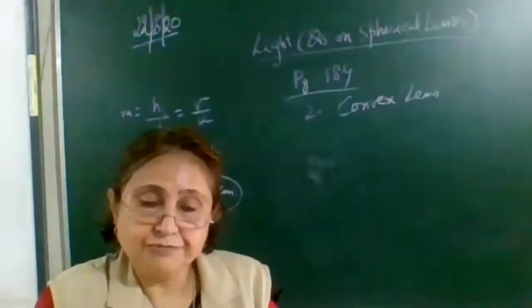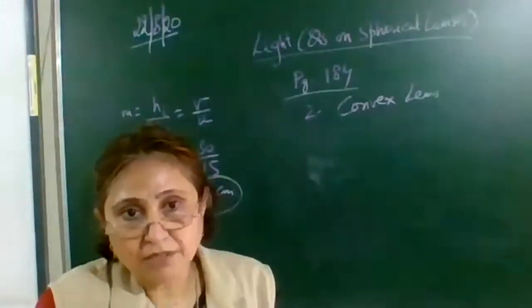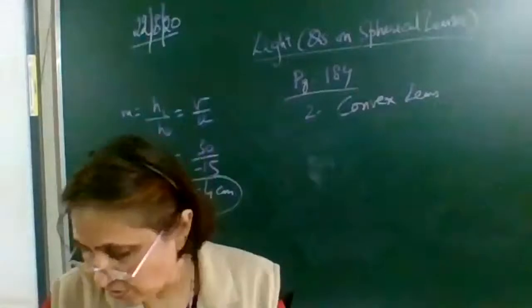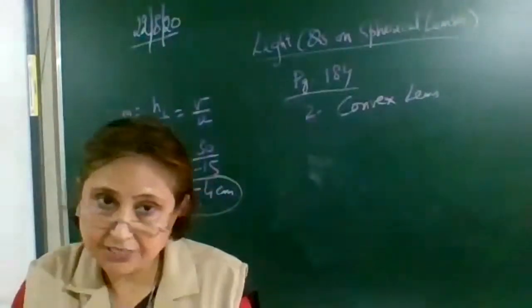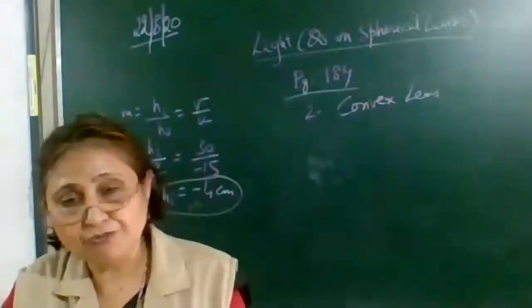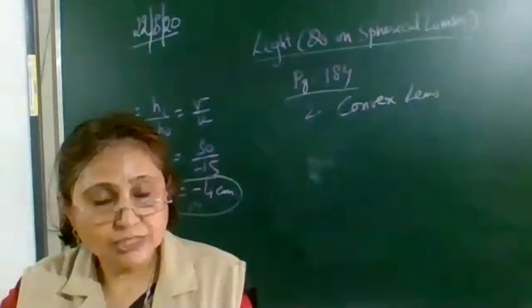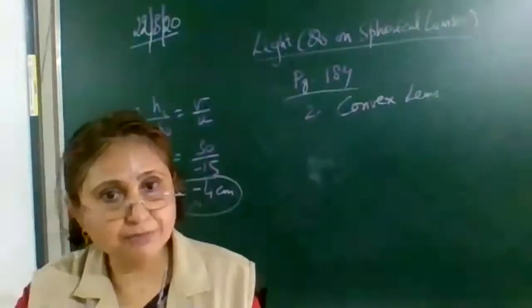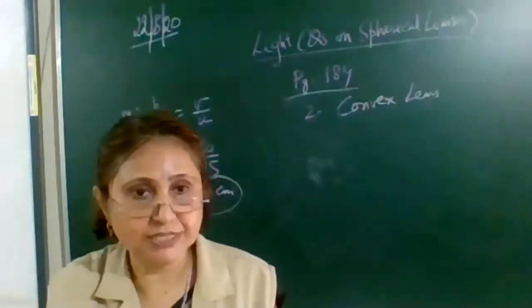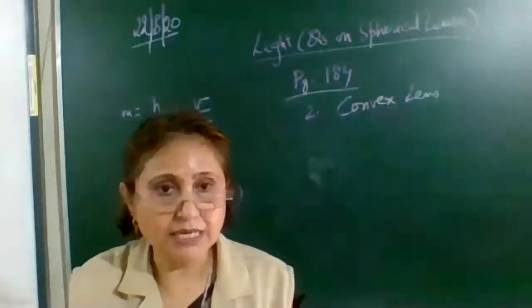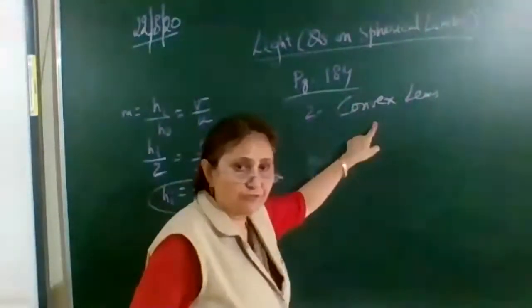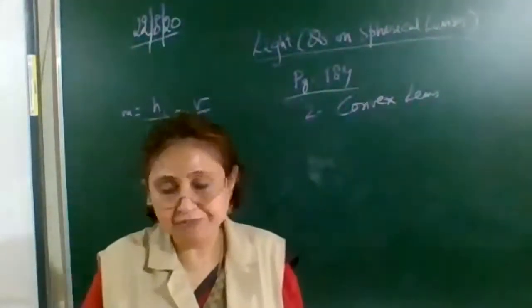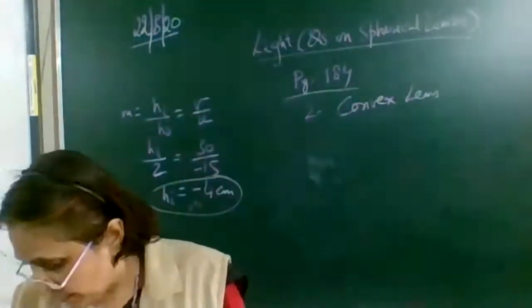Inverted image means the V distance will also be positive, as it is a real and inverted image. Real and inverted images are formed to the right of the lens, so we will be moving along the direction of the incident light. So whenever a real and inverted image is given in case of a lens, it means the V distance is positive.